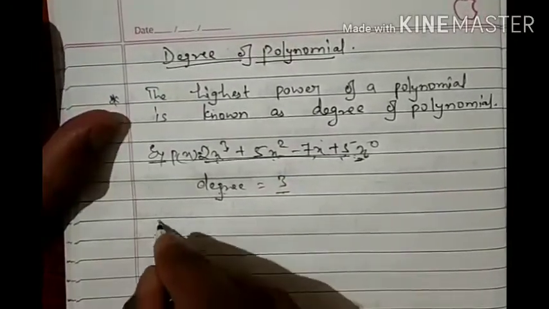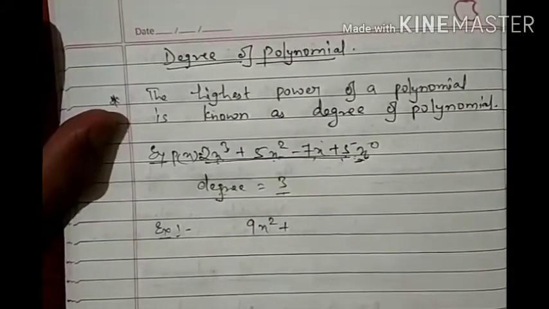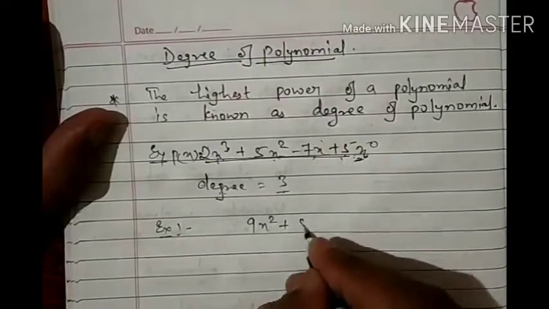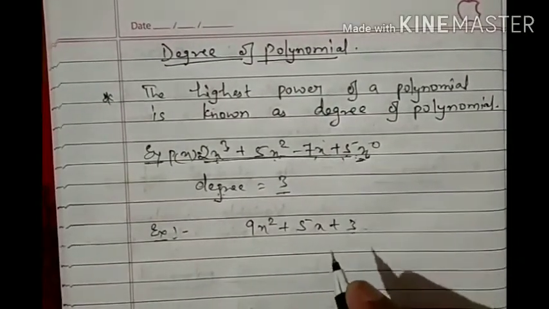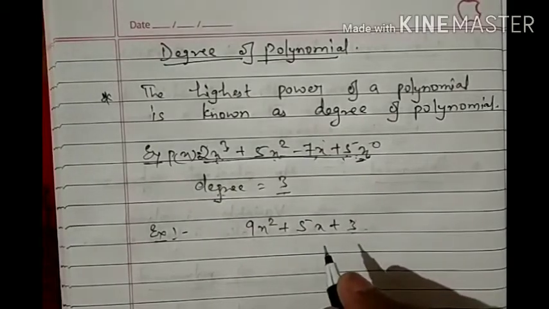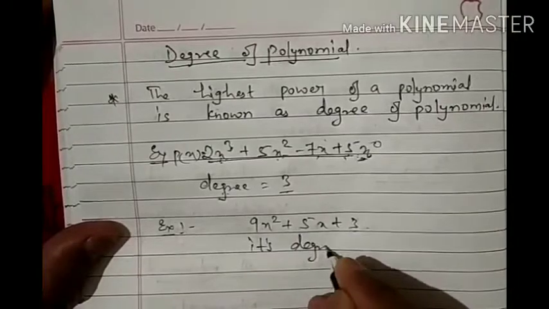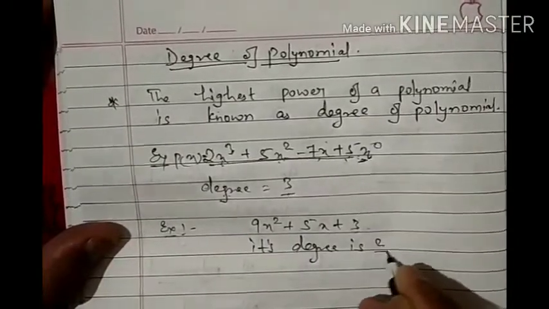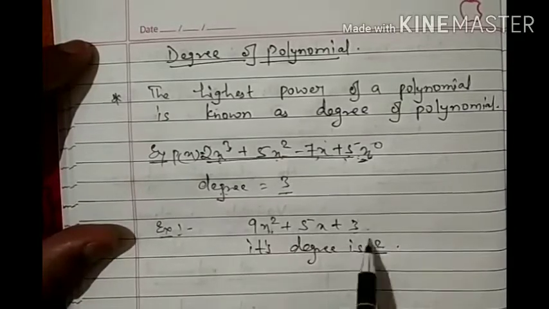Let's take one more example. 9x square plus 5x plus 3. What is its degree? Degree is 2 because the highest power involved in a variable is 2.